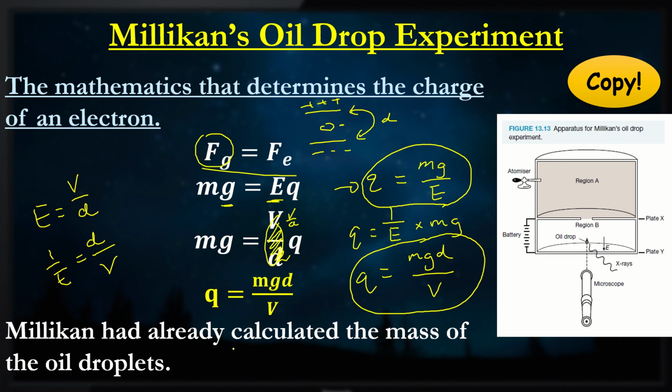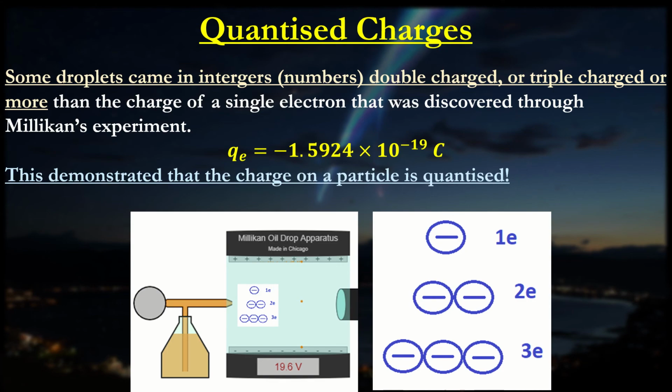Now in the actual experiment, Millikan already calculated multiple masses of the oil droplets, and he found multiple values of charge. But there was one very distinct factor that was seen. The main idea was that for most of the droplets he found, the charges came in integers or intervals of the same common number.